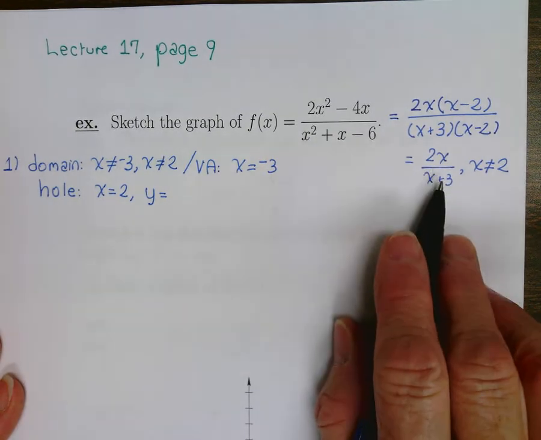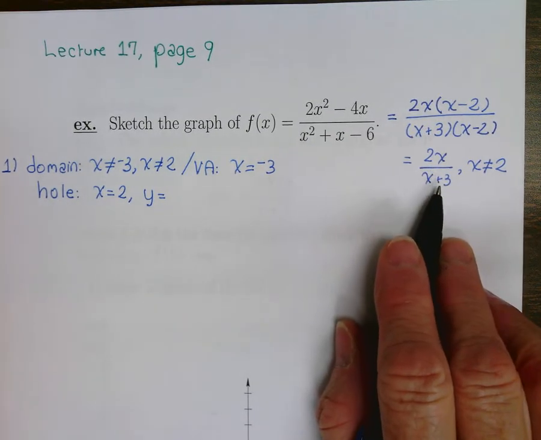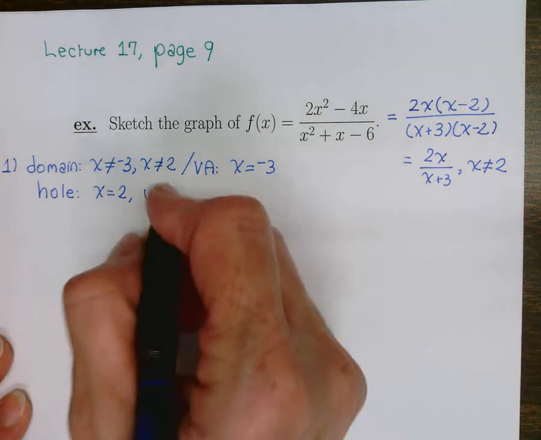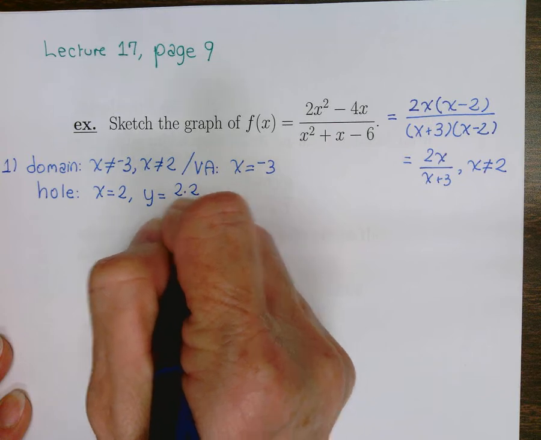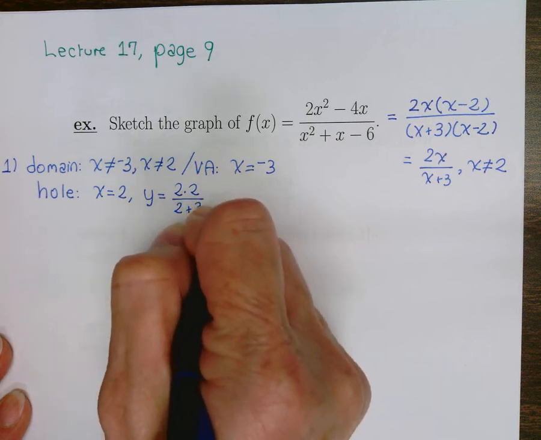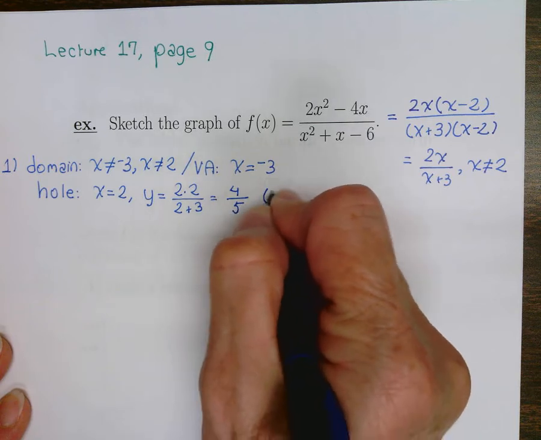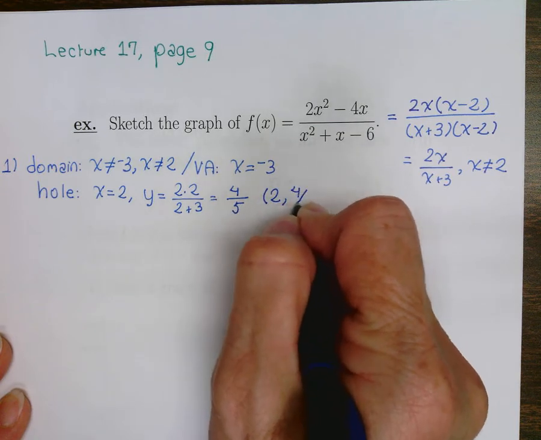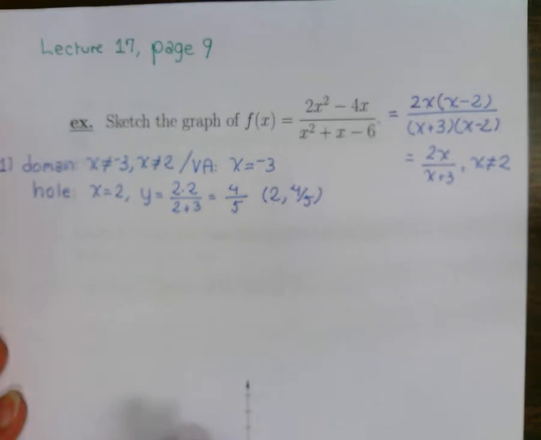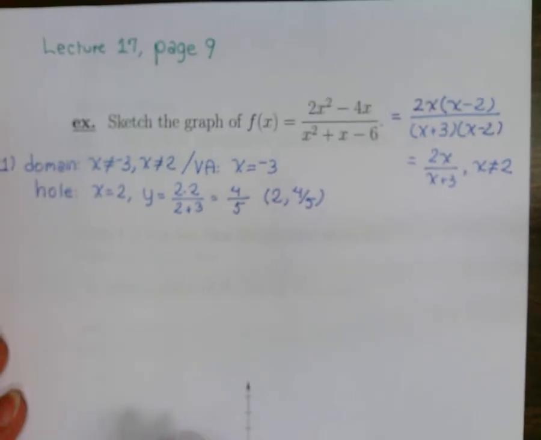We plug it into the simplified form, because it's that function that we're graphing, except at the point 2. So we plug in, and we get 4/5. So this graph has a hole at x equals 2 and 4/5 for the y-coordinate.